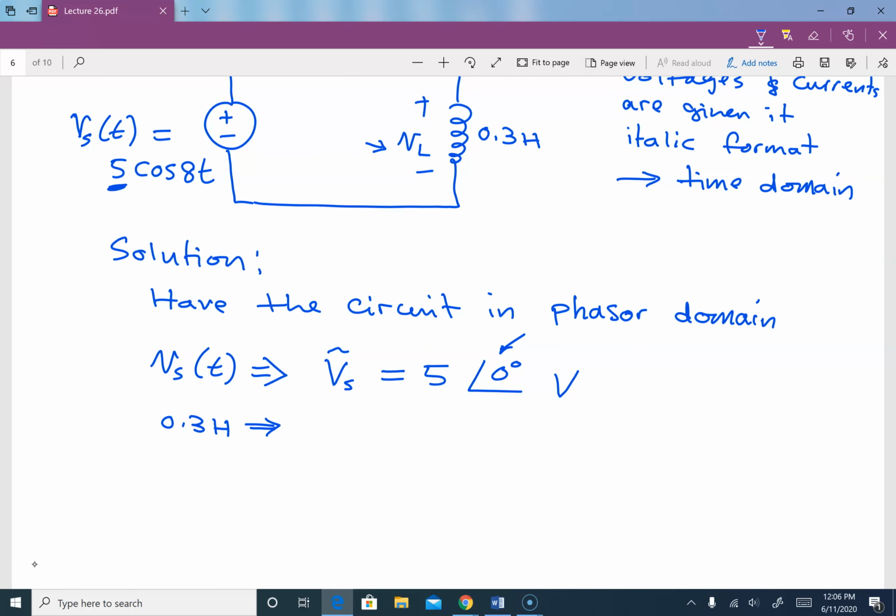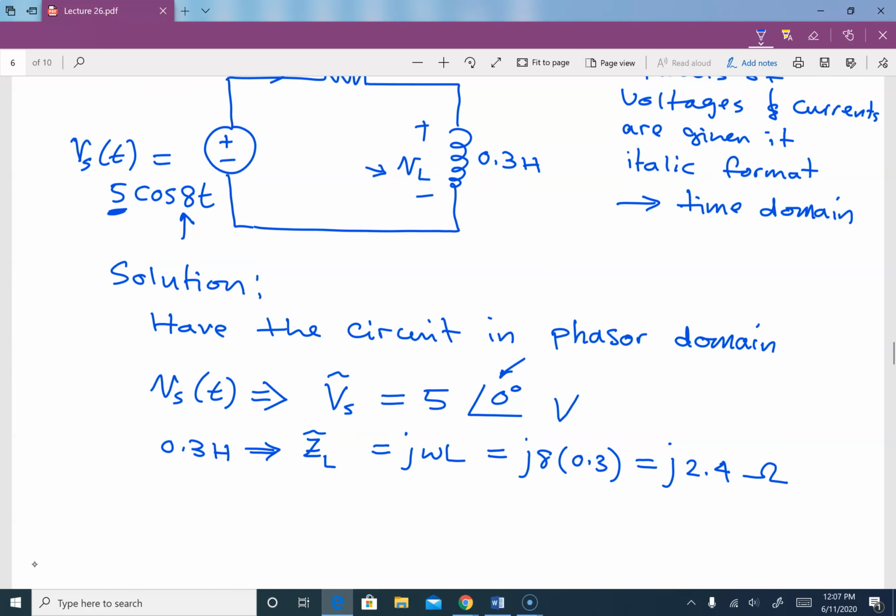We need to get our ZL in this case, and that is equal to j omega L, and our omega is 8, because the general format of a voltage is Vm cosine omega t. So omega is 8, and our L is 0.3, so that will be j 2.4 ohm.